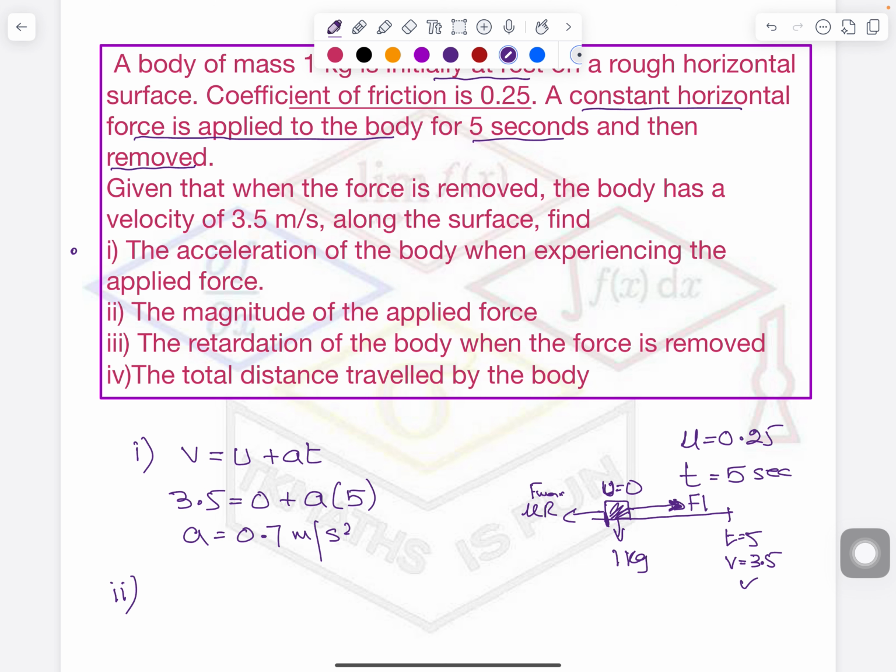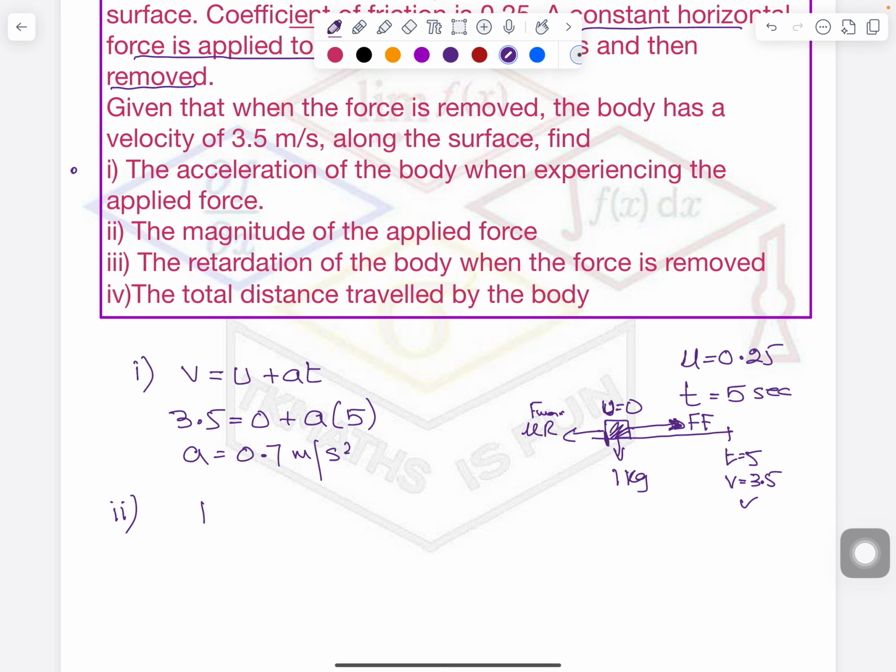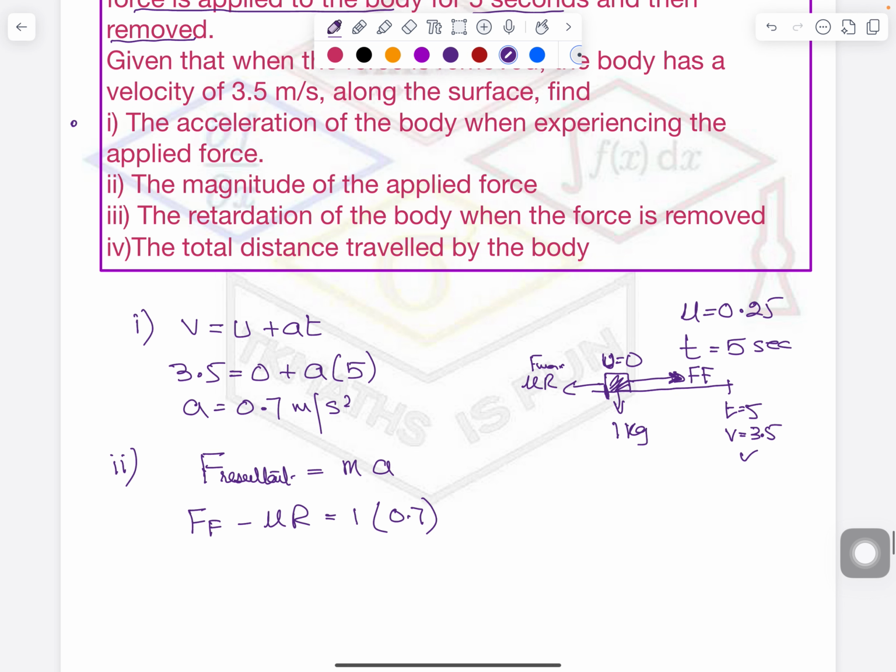Right, part number 2: the magnitude of the applied force. Now this is the forward force, I have to calculate this. So now we will use Newton's second law of motion. The resultant force is equal to ma. So the forward force minus mu R, because that is the maximum frictional force in action, equals mass, which is 1 kg, times acceleration, which is 0.7.